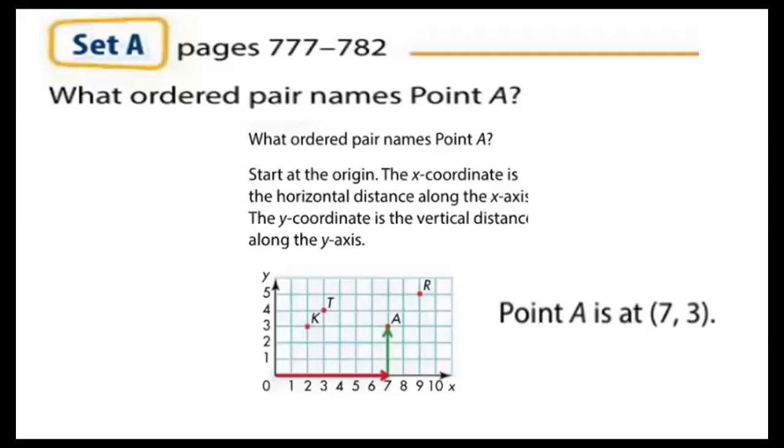So 7 is the x-coordinate, and 3 is the y-coordinate. This is to remind you of the concept of graphs, ordered pairs, and how to represent a point on the coordinate plane. Let's start the first question.